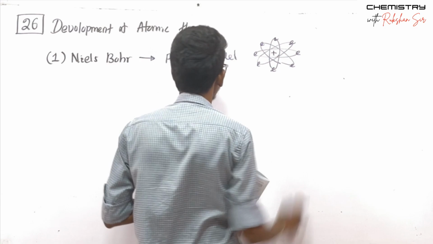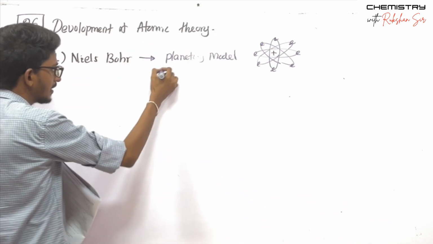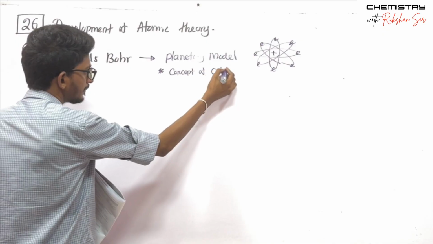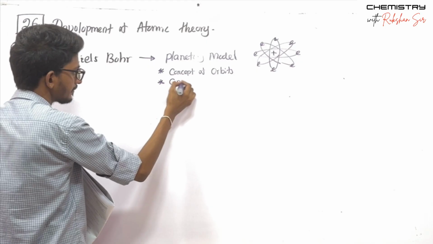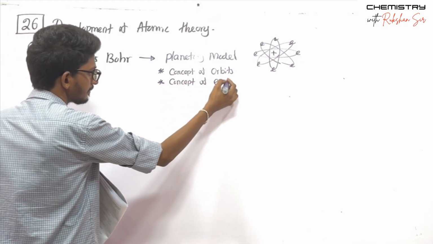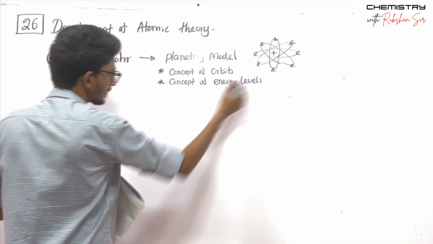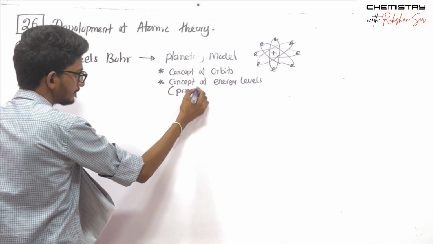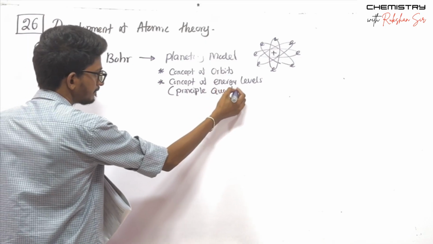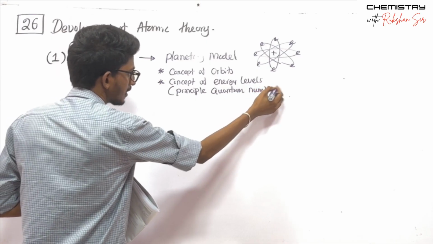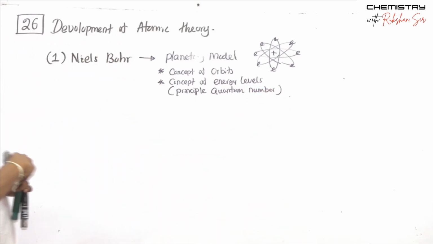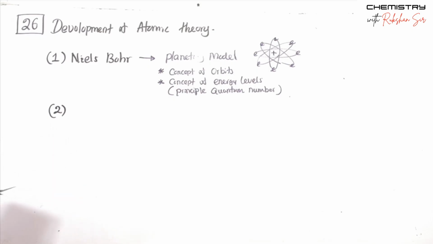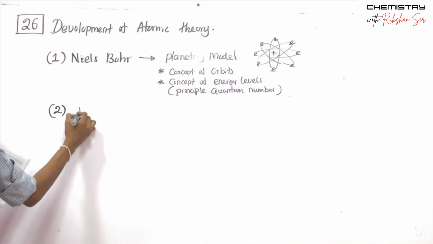With that, he introduced the concept of energy levels and orbits, and with that the quantum numbers, the principal quantum number. This is the contribution from Niels Bohr to the atomic theory. He was the one who explained the hydrogen spectrum as well. Then J.J. Thomson.